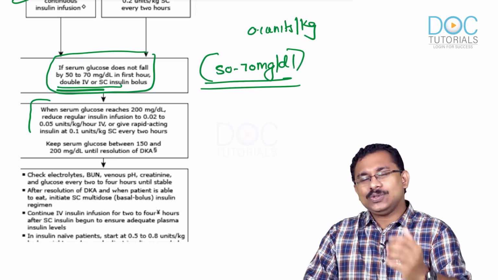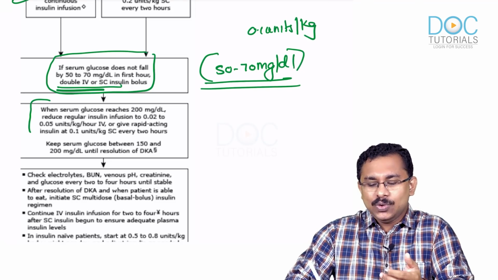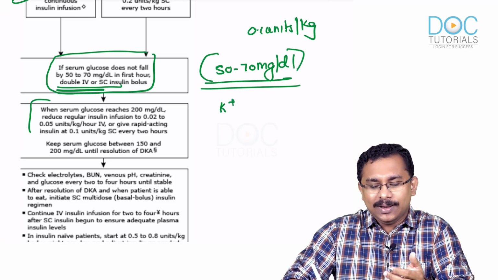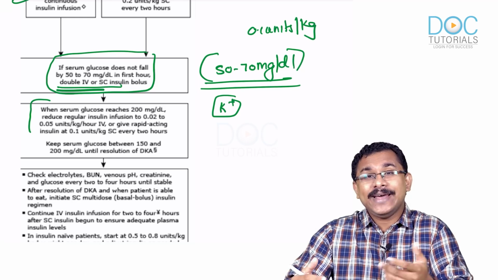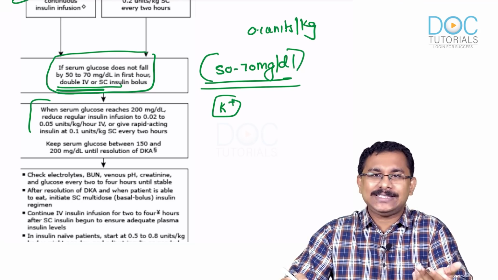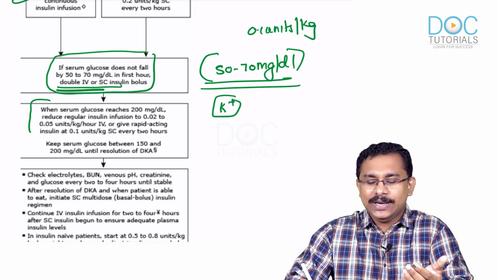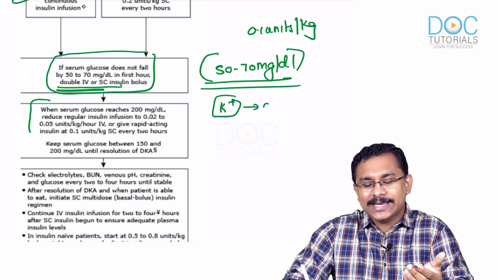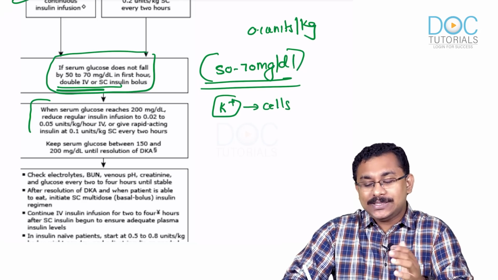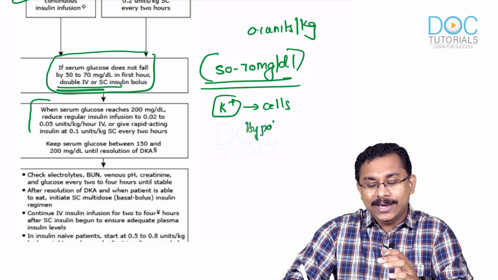Because when you supplement insulin, you know that insulin is one hormone that will cause redistribution of your potassium. So when you give insulin, the potassium will go inside the cells, and what will happen? The patient would develop hypokalemia.